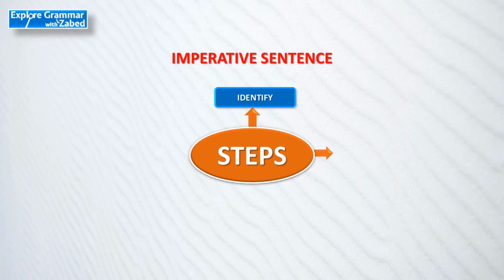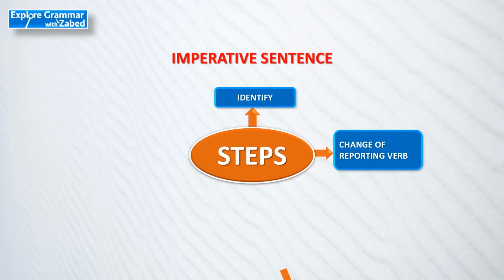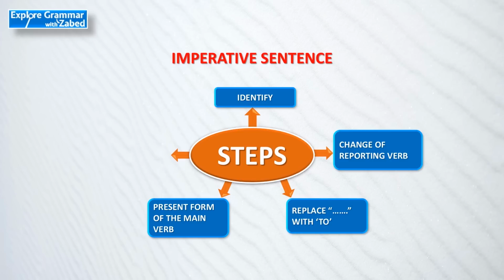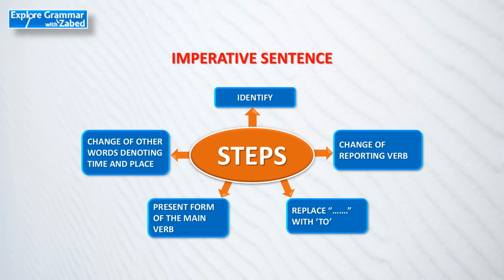Step number 2 is to change the reporting verb. Step number 3 is the replacement of inverted comma with to. Step number 4 is to use the main verb in present form. And step number 5 is to change of words denoting time and place.